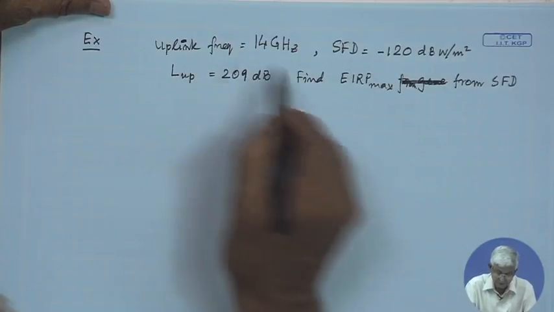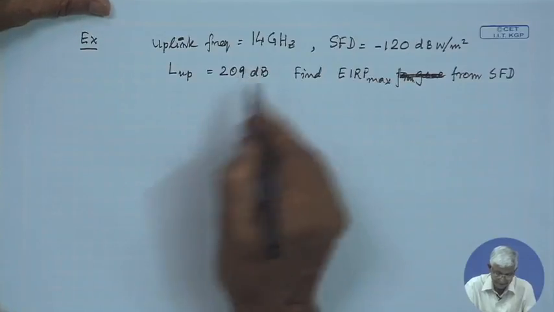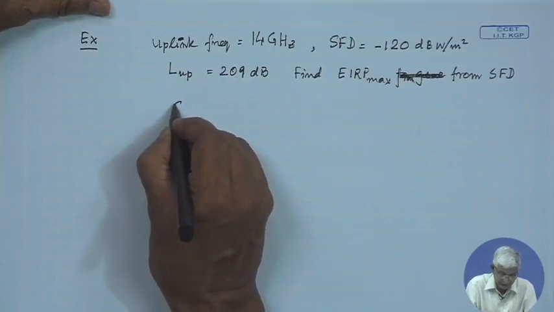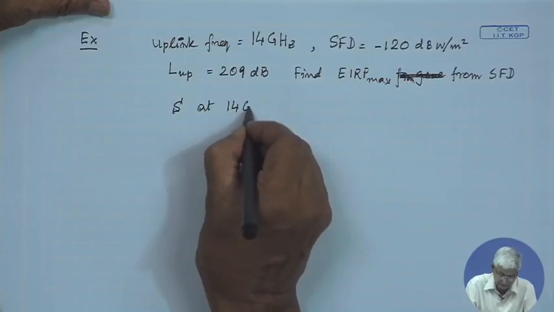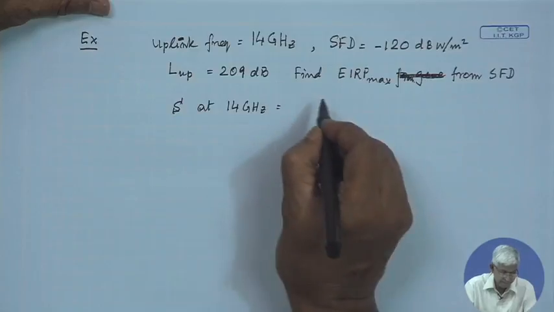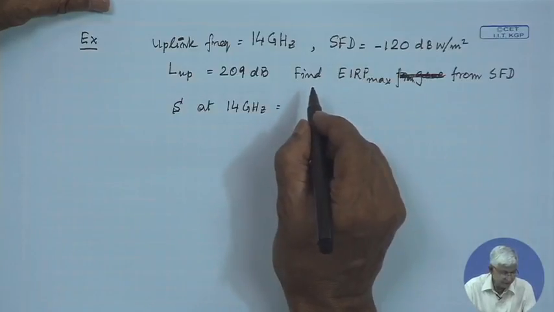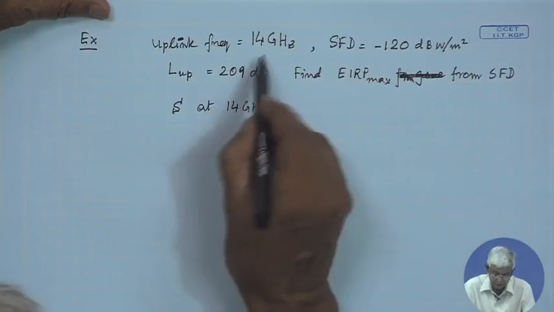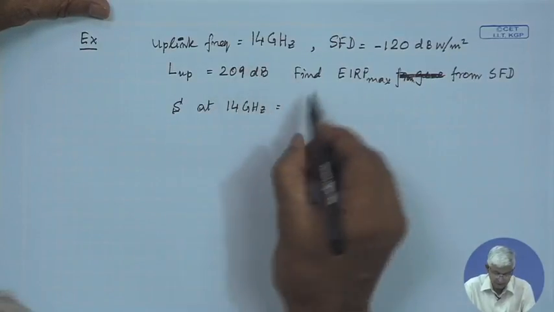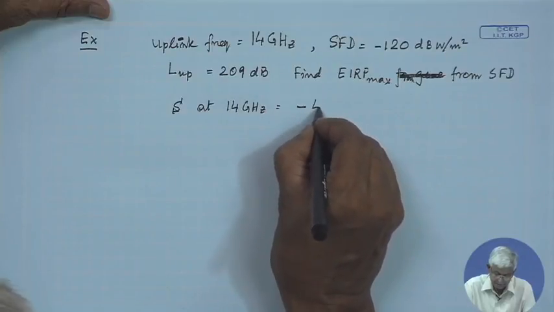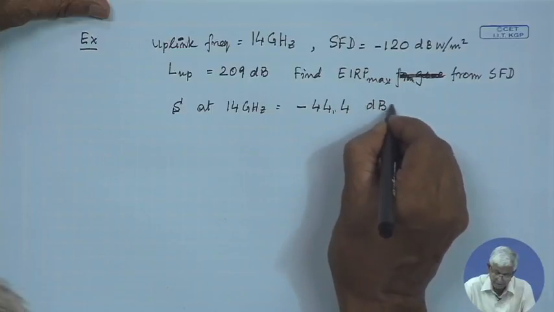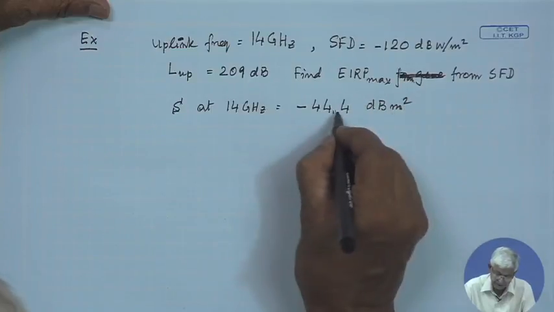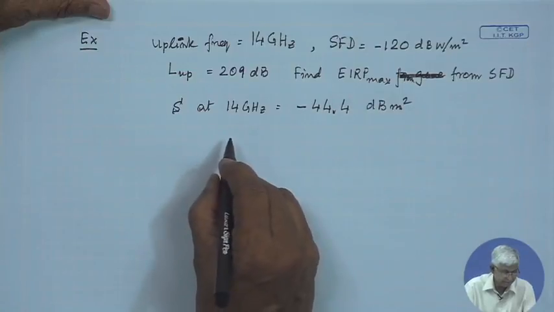So, in this we have to find out that S. So, the S that is spreading at 14 gigahertz, you can calculate, which was lambda square by 4 pi, and lambda you should know for 14 gigahertz. So, from that you can find out a number, it will be like minus 14.4 dB meter square. It was lambda square, so dB meter square. Now, it is converted into dB.